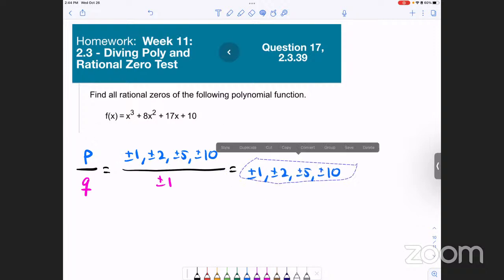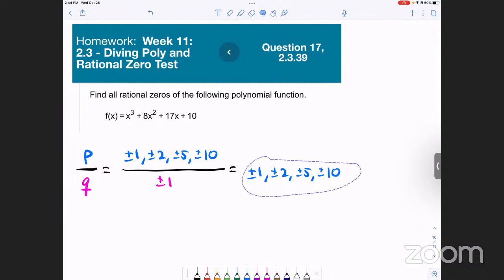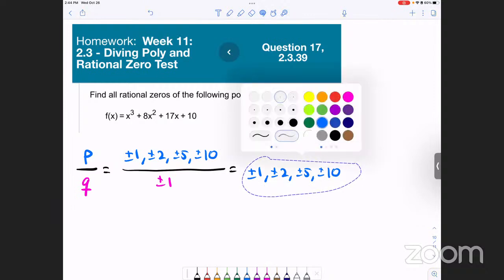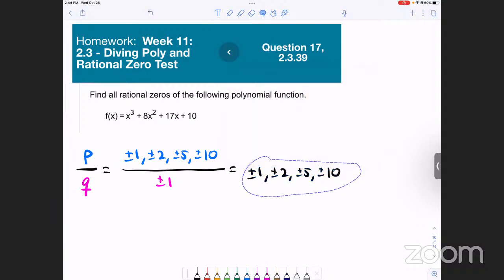Again, if this polynomial has rational zeros, they're somewhere in this list. It's generally a good idea to start with 1, that's a simple one. Let's just start with 1 to try to find that zero. Our coefficients end up being 1, 8, 17, and 10.